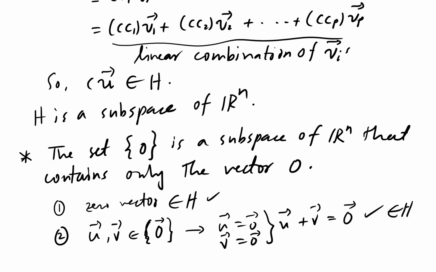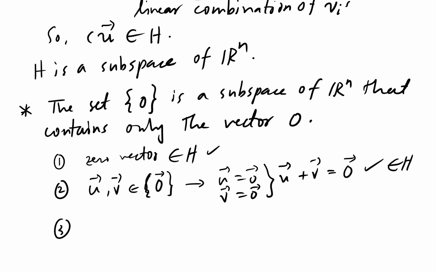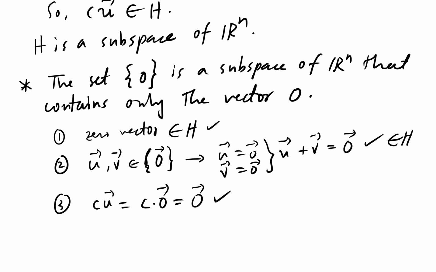And the third one, if you take c times u and u is 0, you get c times 0, which gives you 0. It worked. So since the three properties are satisfied, the set of 0 is a subspace of Rn.